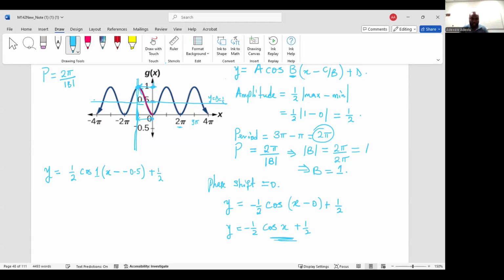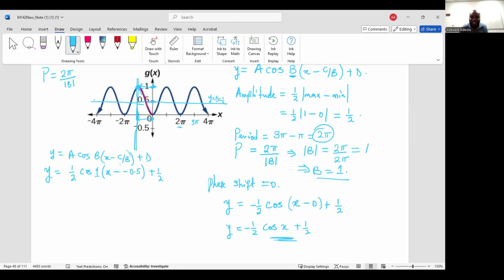Look at what I've done here. I'm using y equals a cosine b into x minus c over b, plus d. We've computed a, b is 1, then x minus the phase shift. When you look at it from the graph, what you are getting is c over b, the phase shift itself.